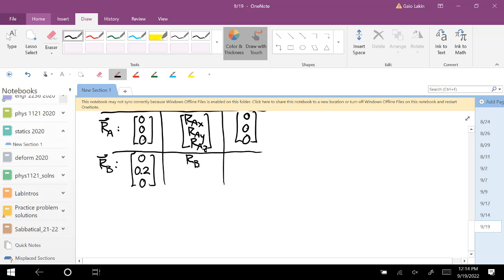So RBX, 0, RBZ. The x component is 0.2 RBZ. The y component is 0, and the z component is negative 0.2 RBX.